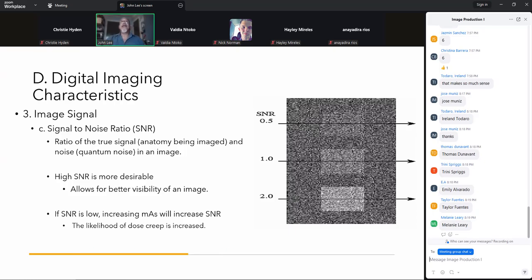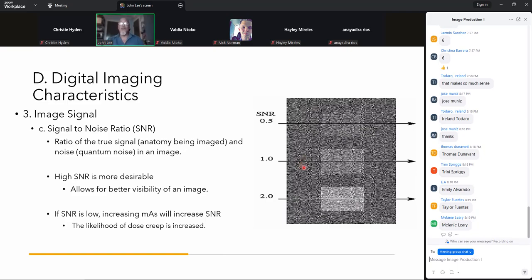Very simply represented in this picture here, we have a signal to noise ratio of 0.5. Okay. That means that for every two pieces of image information, we have one piece of noise. And so you can see we don't get a lot of differentiation between the actual signal and the electronic noise in the background.